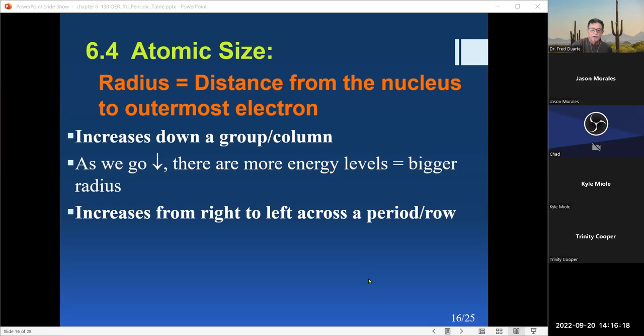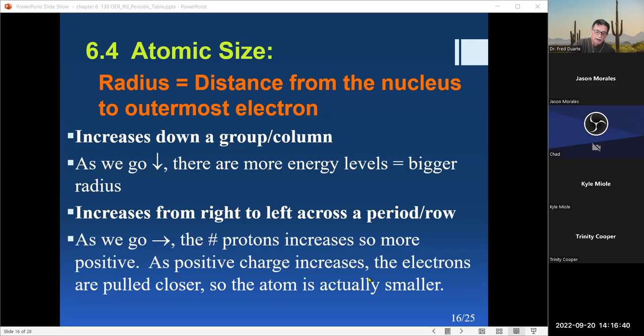Now, where it differs a little bit, you might anticipate now within the same period. I'm going to stop here after this slide. You would think that maybe as you go from left to right, that they will get bigger, but it doesn't. Actually, as you go across the periodic table, the radius of that element gets smaller.